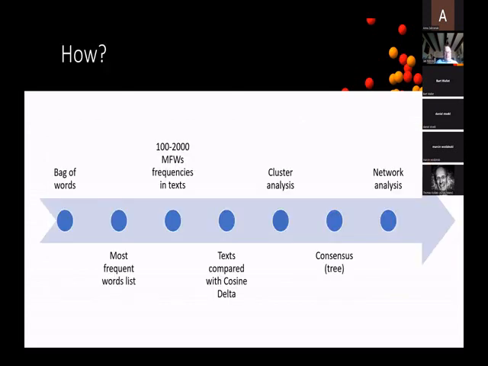So how is it done? I will have to beg you for a suspension of disbelief for a while if you haven't seen those things before, because it does seem crazy sometimes. So, first of all, the approach in this most frequent word-based stylometry is that we approach language as a bag of words.